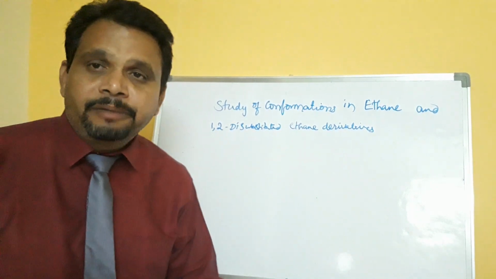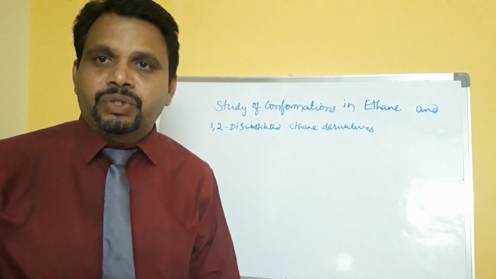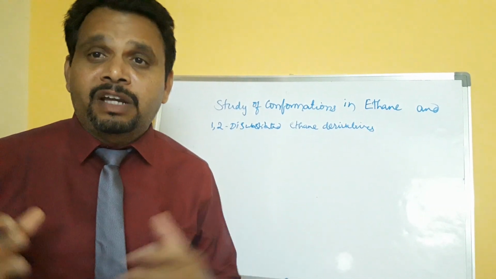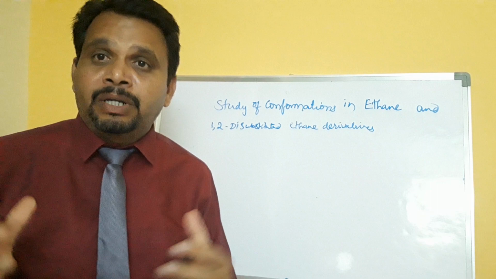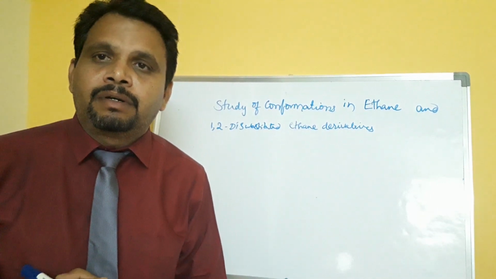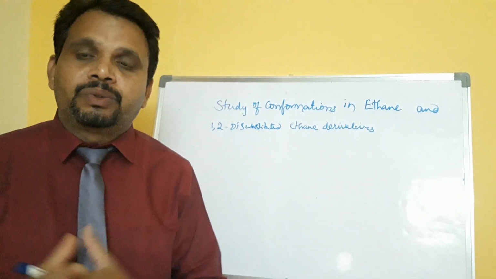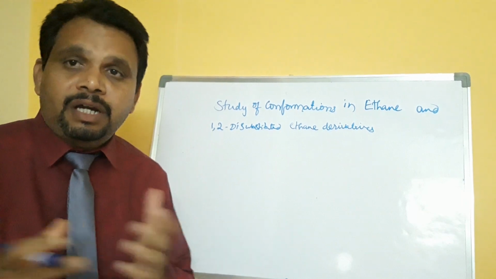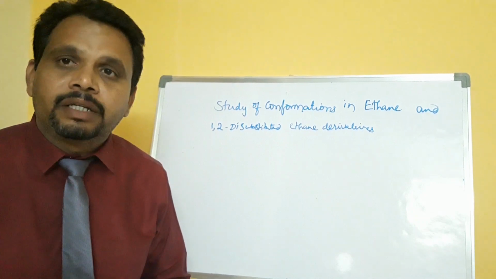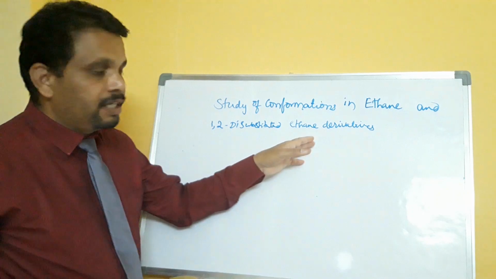Today I want to give you more examples so that you become familiar with how to draw the conformers, what the possible conformers are for a particular compound, which is more stable and which is more energetic, and you should be able to draw the stability order among those possible conformers. All those things you are going to learn in this class. So, 1,2-disubstituted ethane derivatives.